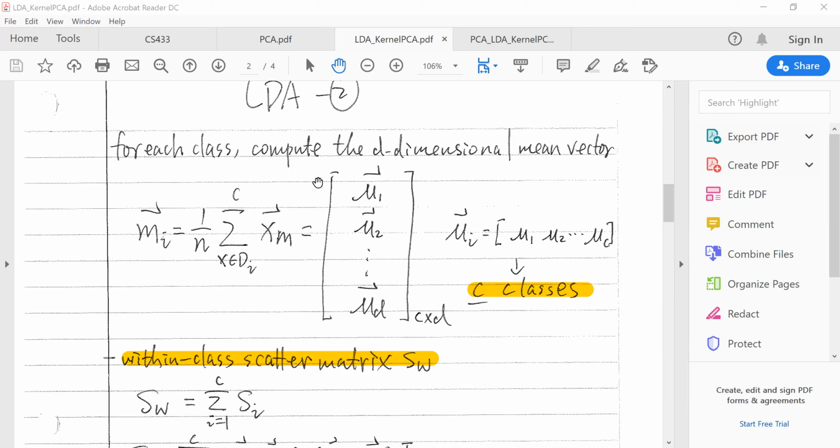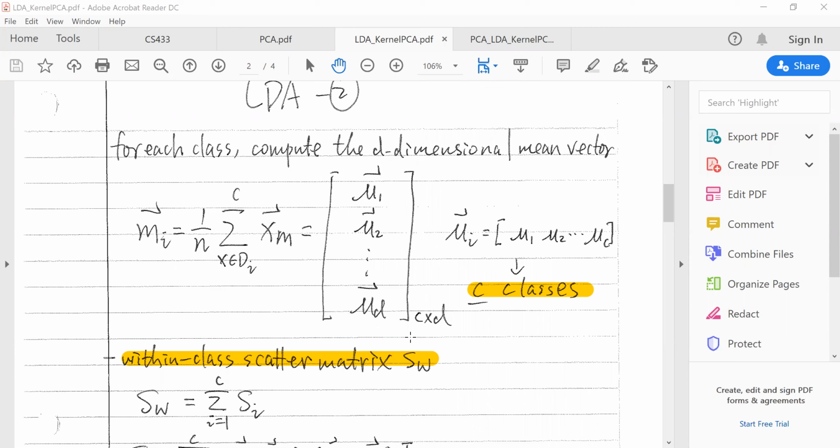Here it says for each class, you first compute their mean vector. That's pretty simple to find. For each class, you find the mean vector, which is easy to calculate.